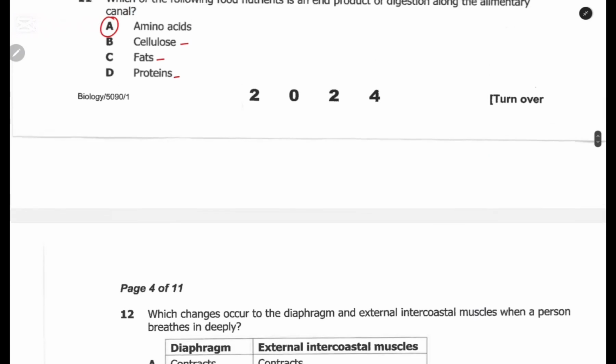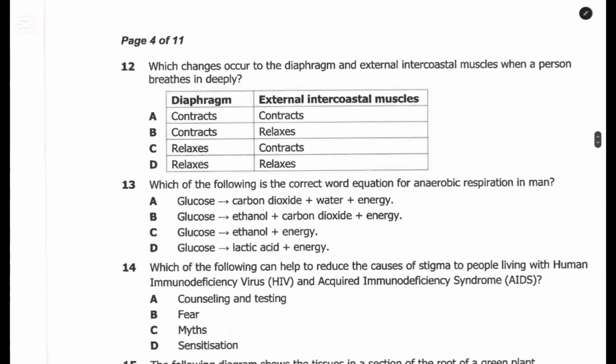Then coming to question 12, which changes occur to the diaphragm and external intercostal muscles when a person breathes in deeply? When the person breathes in deeply, the diaphragm contracts and flattens.